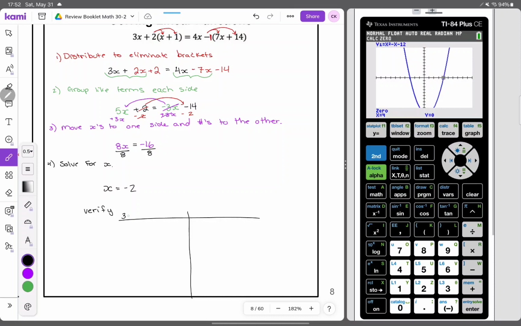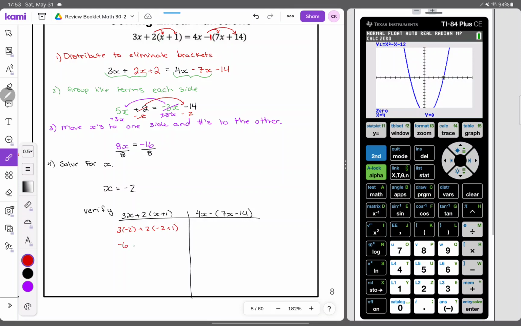So our left-hand side, we have 3x plus 2x plus 1. Right side, we have 4x minus 7x minus 14. Okay, so I sub in -2. It's 3 times -2 plus 2 times -2 plus 1.